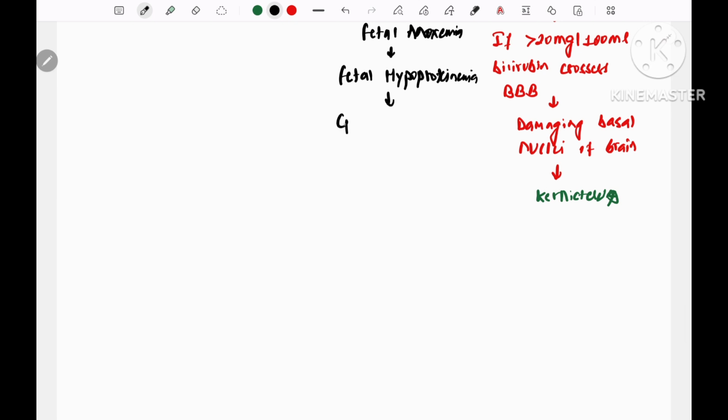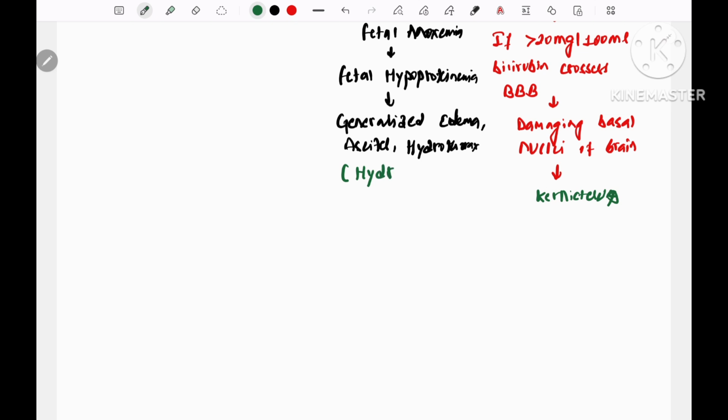Generalized edema starts occurring, leading to formation of ascites and hydrothorax.